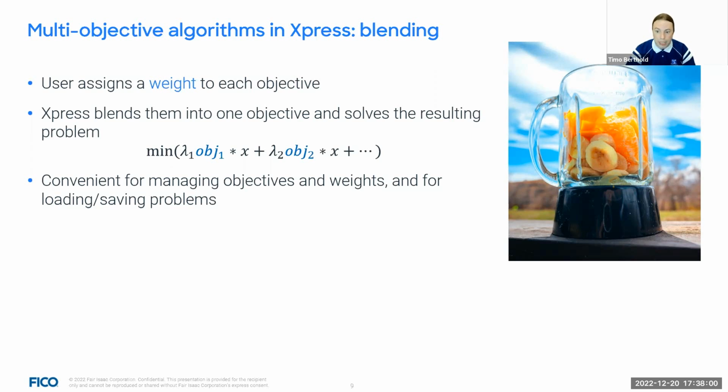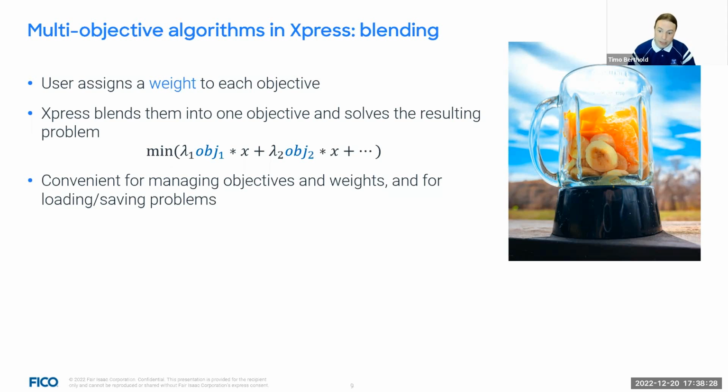So I should probably add that while I always use two objectives in my examples, the term multi is there for a reason. So of course you can have arbitrarily many objectives at the same time. Anyhow, in blending you assign a weight to each of them, like I want more tangerines in my smoothie or more bananas, and then they are all blended together and the optimization is done with respect to the blended objectives.